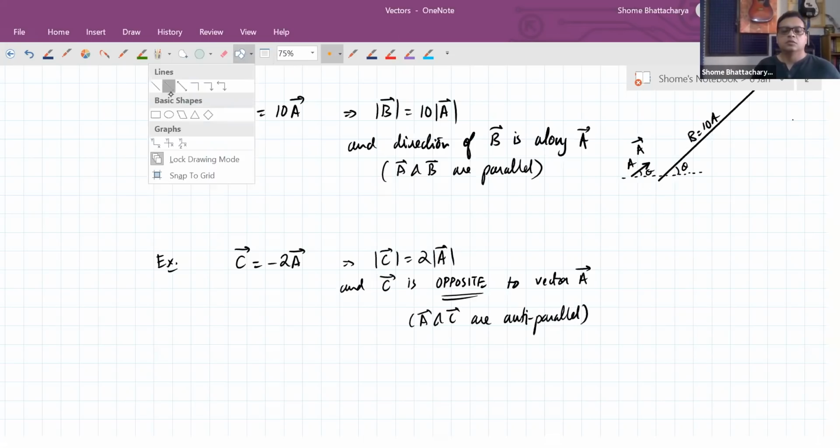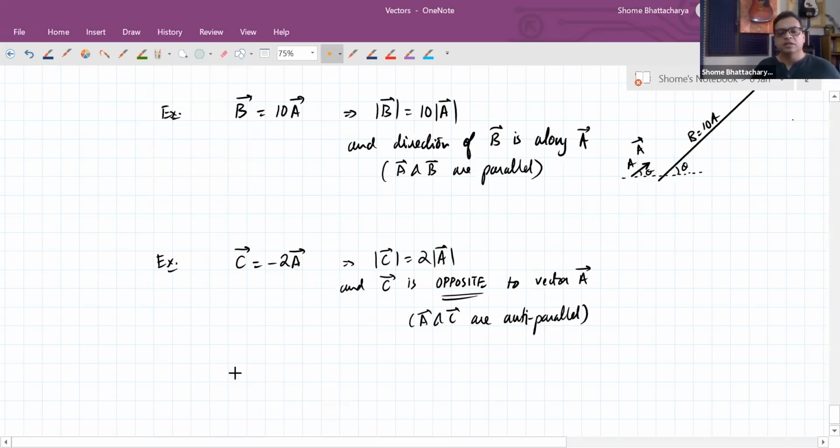So once again, if this is my vector A, then my vector C will look something like this. It will be opposite in direction, but double in length.